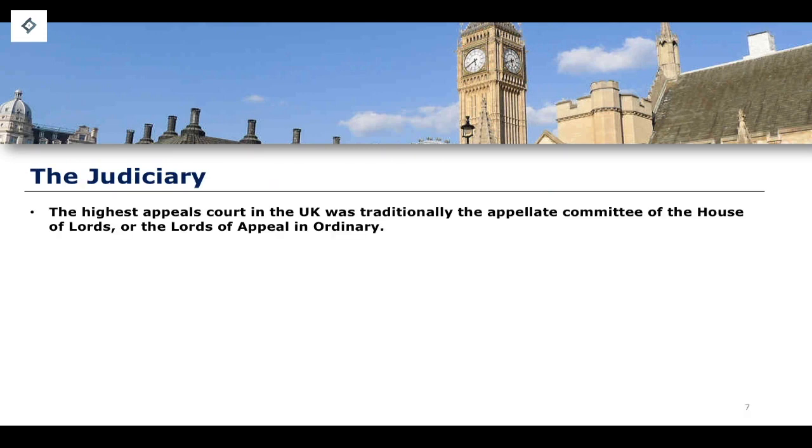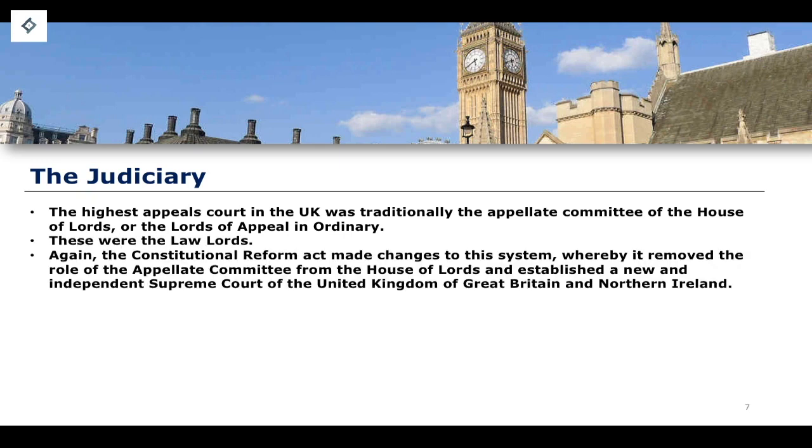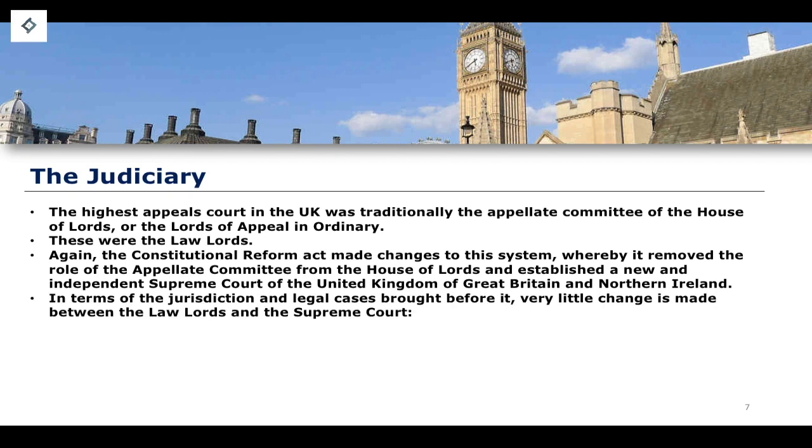Finally then, the highest appeals court in the UK, which was traditionally presented as the Appellate Committee of the House of Lords, or the Lords of Appeal in Ordinary, was changed as well as a result of the Constitutional Reform Act. It essentially removed the role of the Appellate Committee of the House of Lords and established a new and independent Supreme Court of the United Kingdom of Great Britain and Northern Ireland. In terms of the jurisdiction and the legal cases, very little changed. In fact, there is very little distinction between the Law Lords and the Supreme Court.